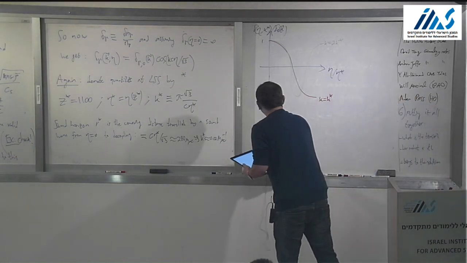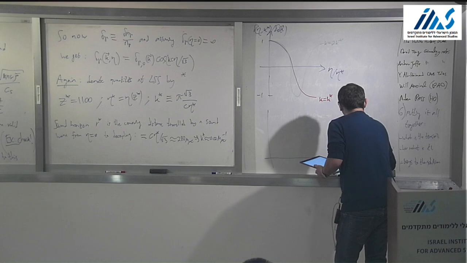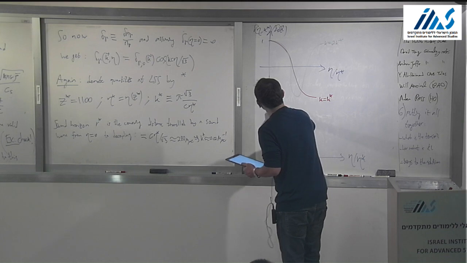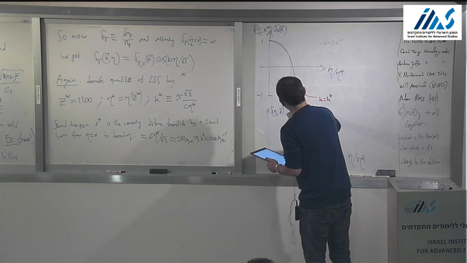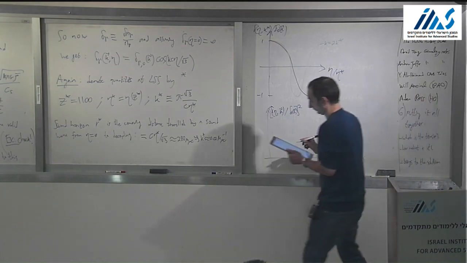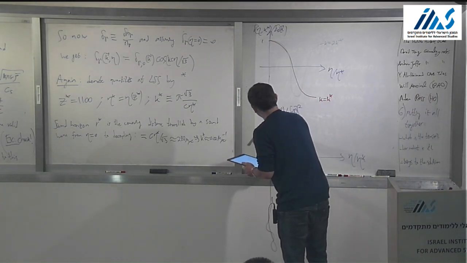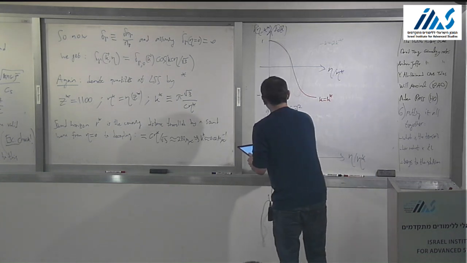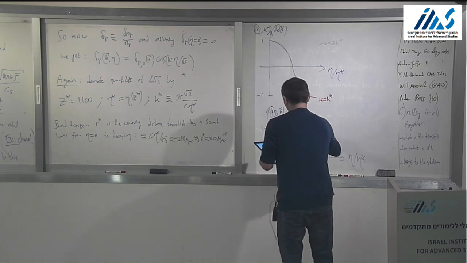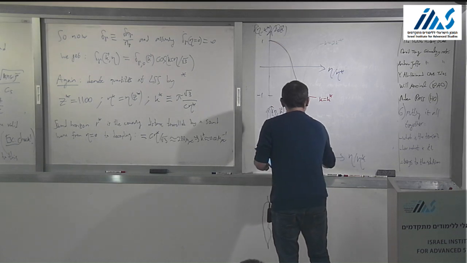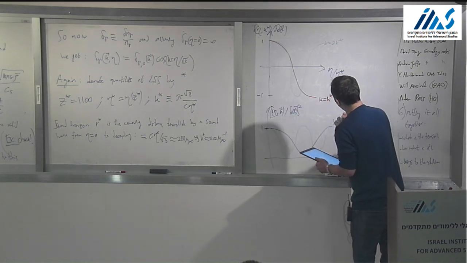But what we're measuring is a power spectrum, so we're actually more interested in plotting the square of this quantity. Okay? And if I plot the square of this, and this is 1, then what I get is, again for k equals k star.